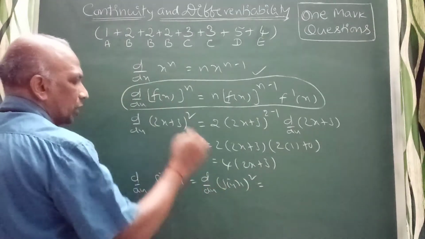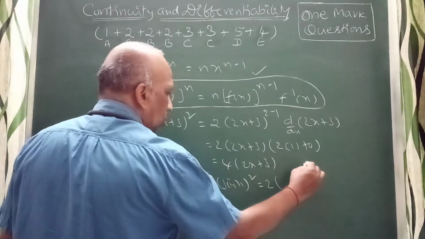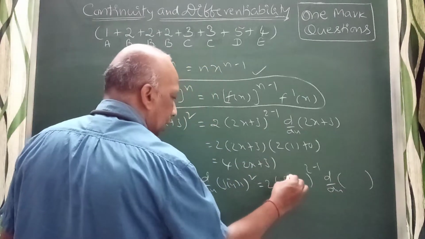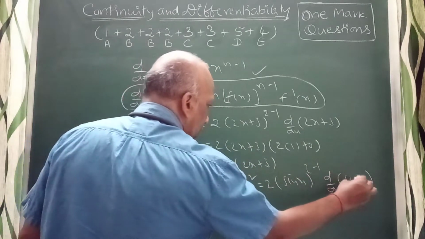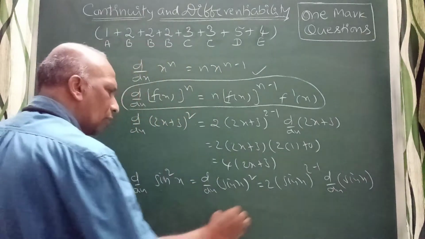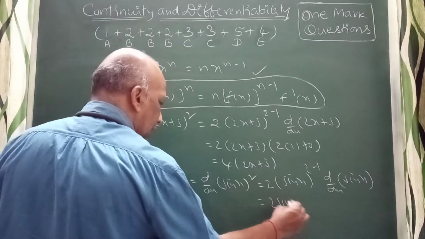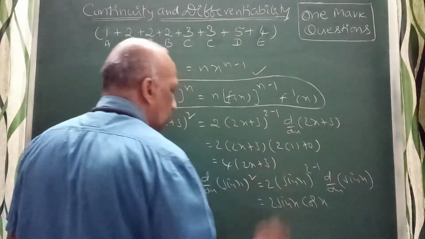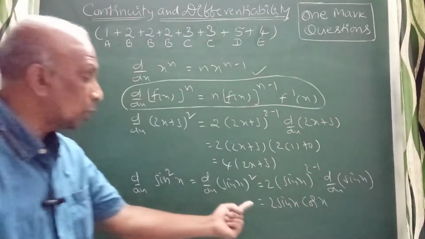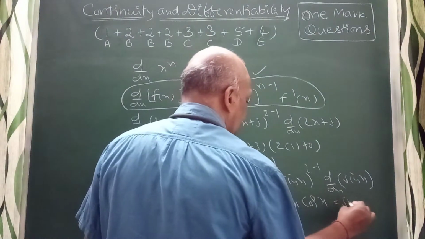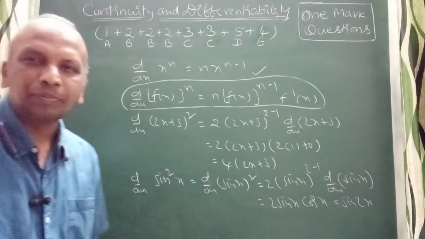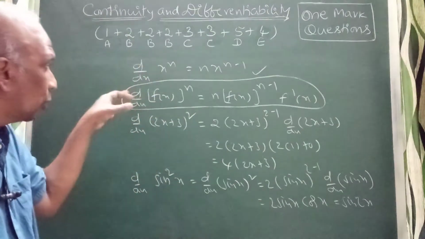So with this f of x, it is 2 into f of x to the power 2 minus 1, into d by dx of f of x, where I can write f of x as sin x. Now it will come as 2 sin x into the derivative of sin x, which is cos x. So that will be our answer. If you remember, 2 sin x cos x is sin 2x, we can write that, or you can leave it as 2 sin x cos x. So just keep it in mind.